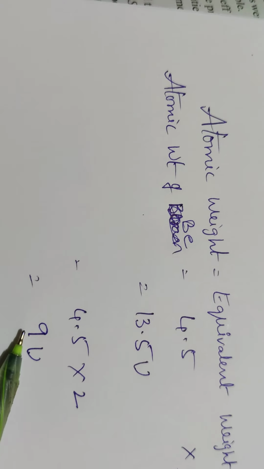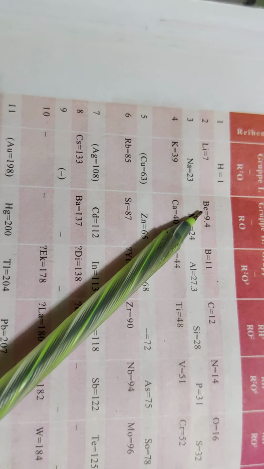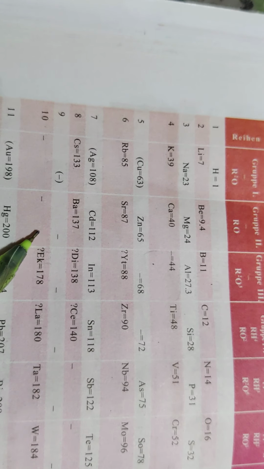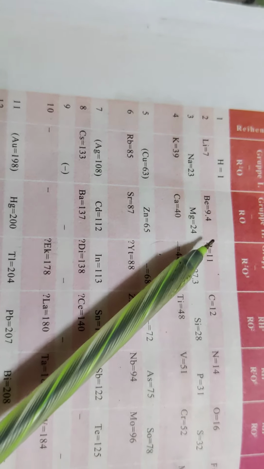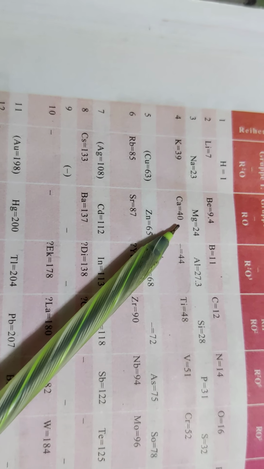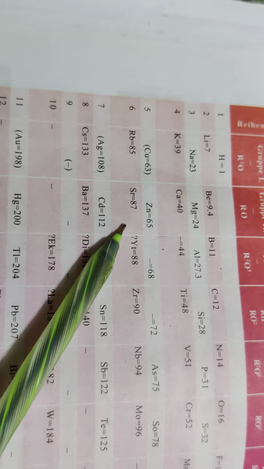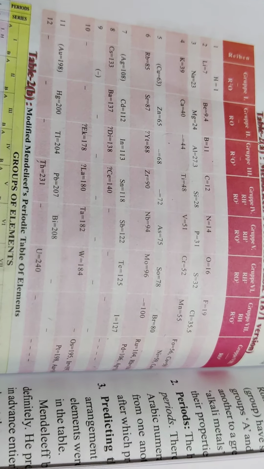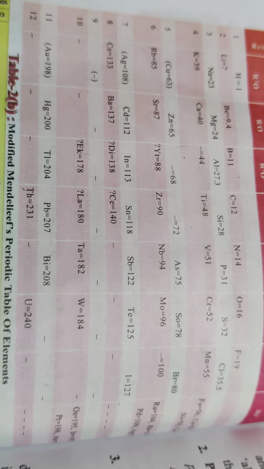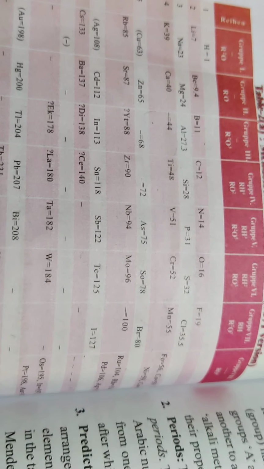So based on this atomic weight, beryllium would be placed in the second group, and the properties of beryllium match with the second group elements. So like that, he did the correction of a few elements like beryllium, indium and gold.